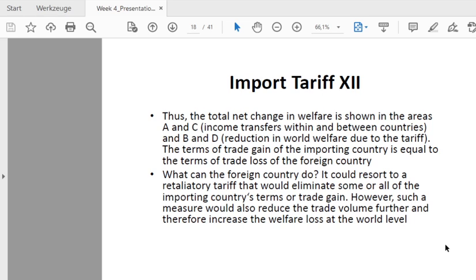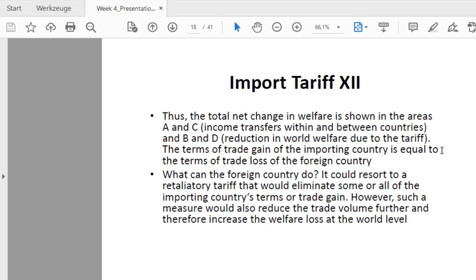Thus, the total net change in welfare is shown in the areas capital A and capital C, income transfers within and between countries, and in areas capital B and capital D, which show a reduction in world welfare due to the tariff.